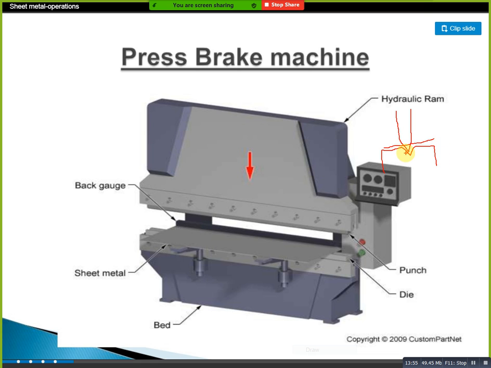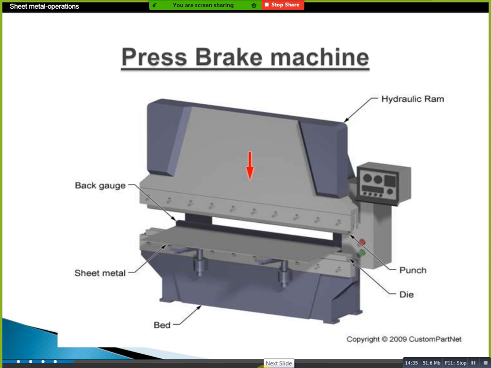That is the final output, and based on that you need to mention it. This is the bend. We have hydraulic arms, and this electrical panel we can control with on/off buttons. This is the press brake, which is used for bending, punching, or you can consider cutting purposes.